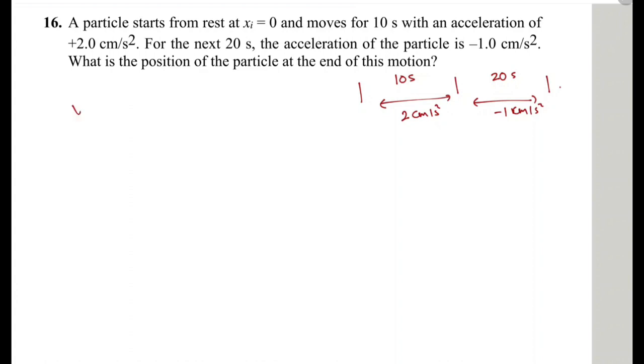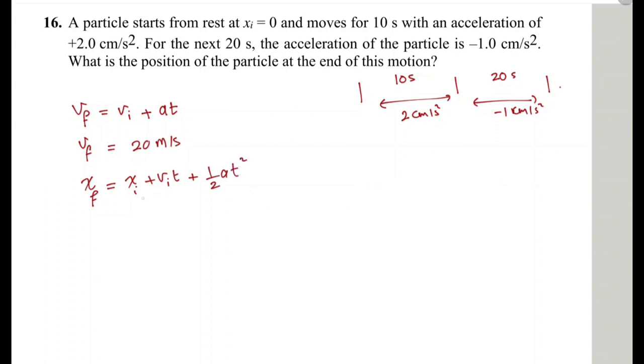Now v final equal to v initial plus a t, and v final in this case is equal to 20 meters per second, because a is equal to 2 and t equal to 10. So x final equal to x initial plus v initial t plus half a t square.